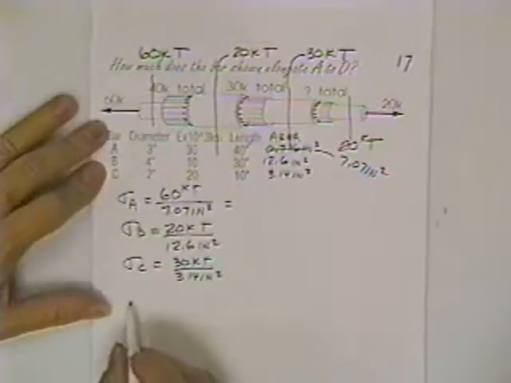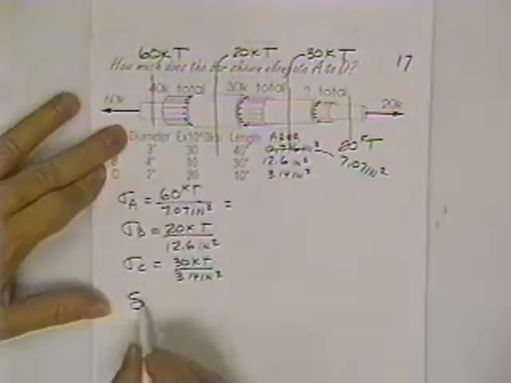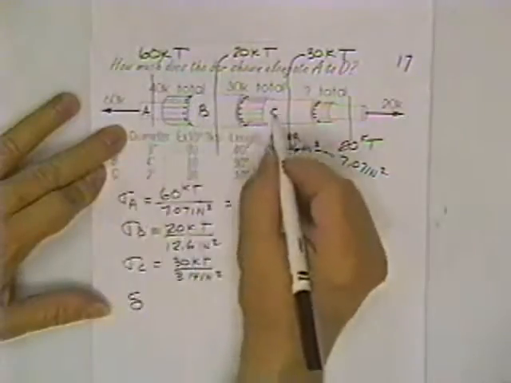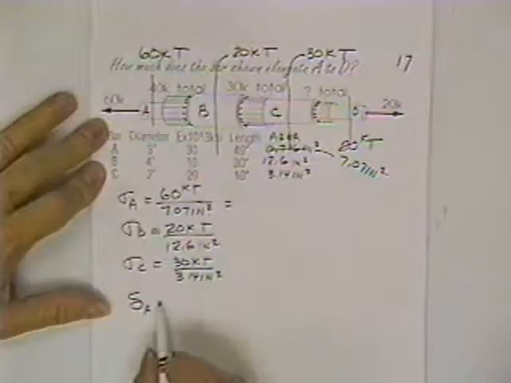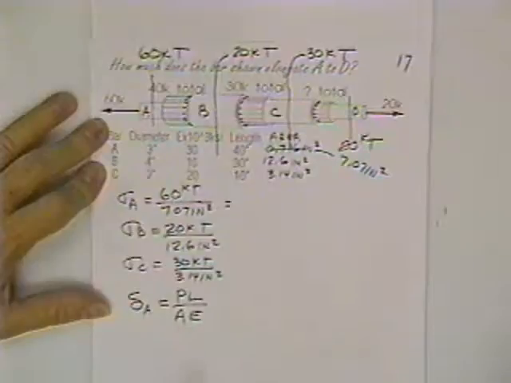Now then, we can tell how much stretch each little piece has personally. Here's the stretch in bar A. The total stretch in bar A is equal to PL over AE, where everything deals with bar A only.